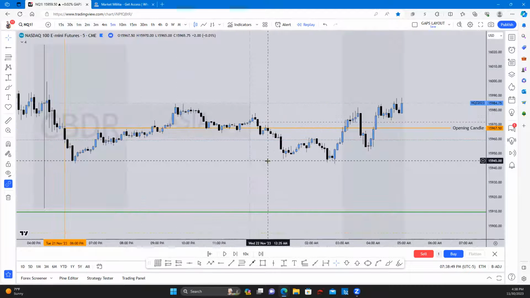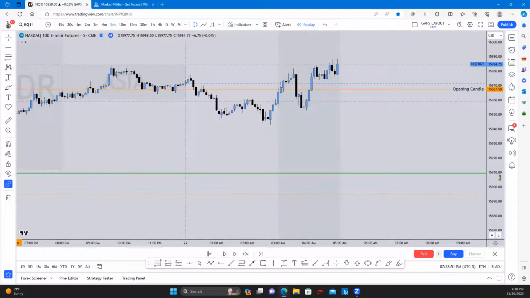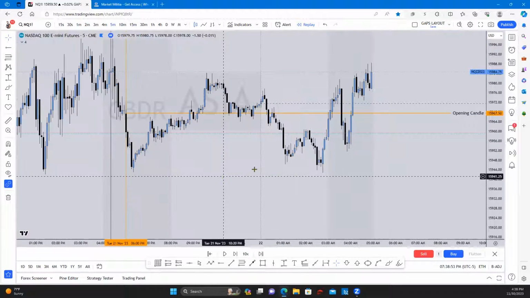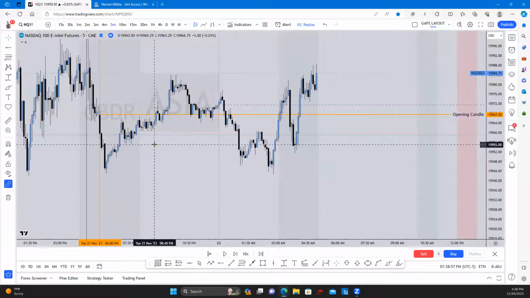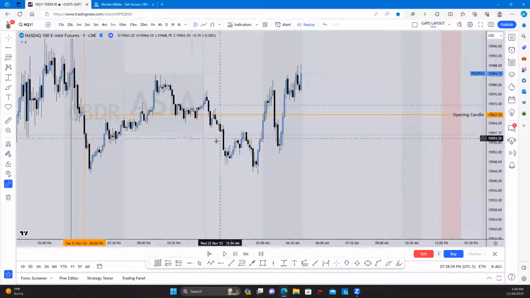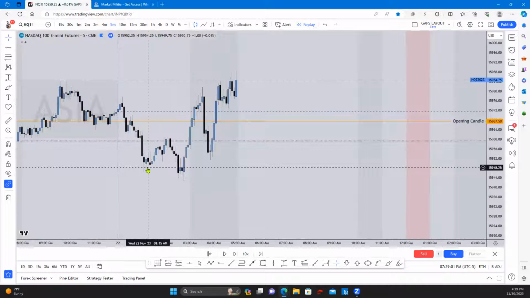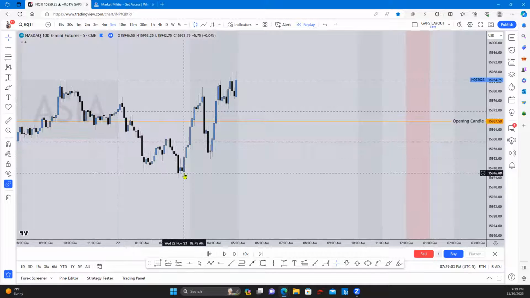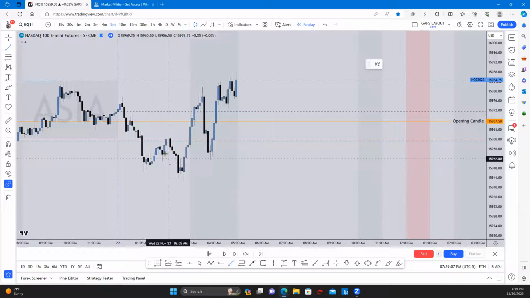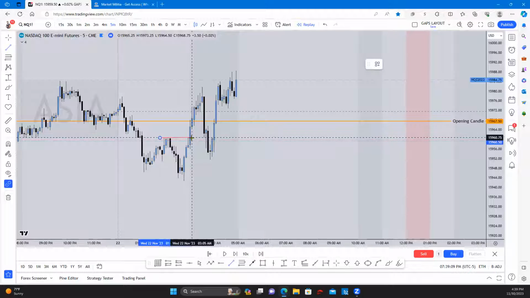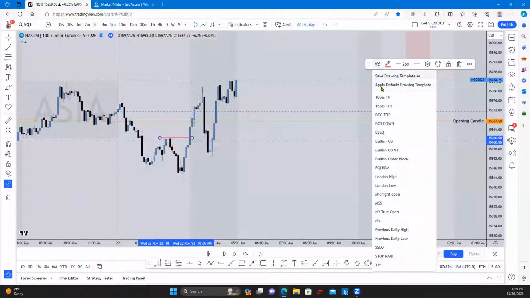So here on the 5 minute, we can see we dropped down, Asia down, shifted up, right? Market structure shift.